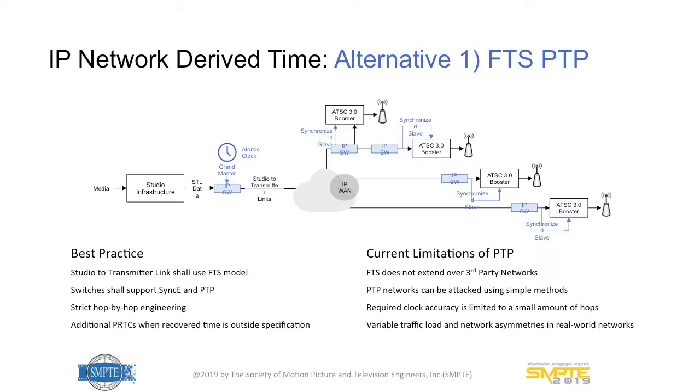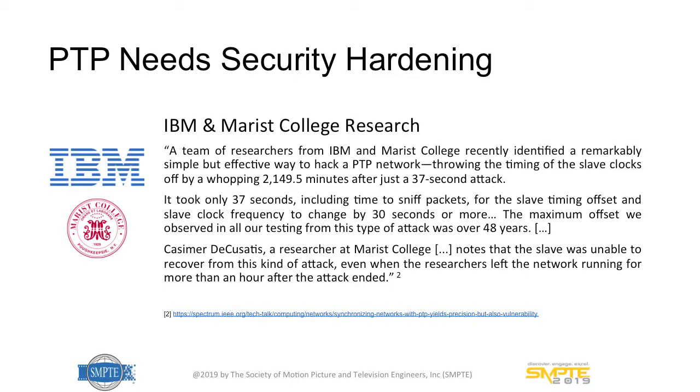And this is just one of many cases where people have been looking at PTP and the problems with PTP, how you can actually attack it, etc. This one was by IBM and Marist College, and they were able to, with a very short attack, create a huge difference.